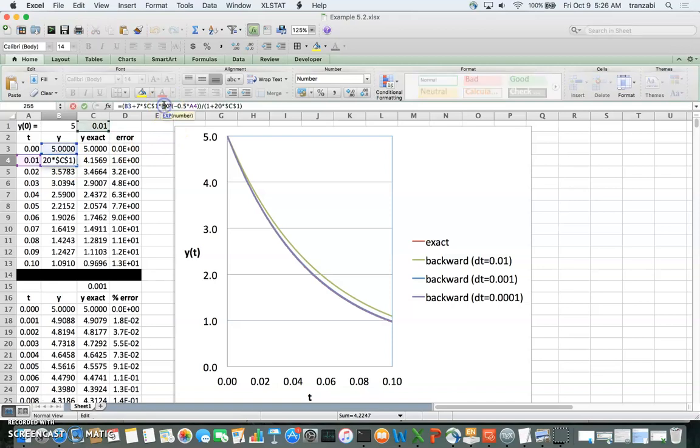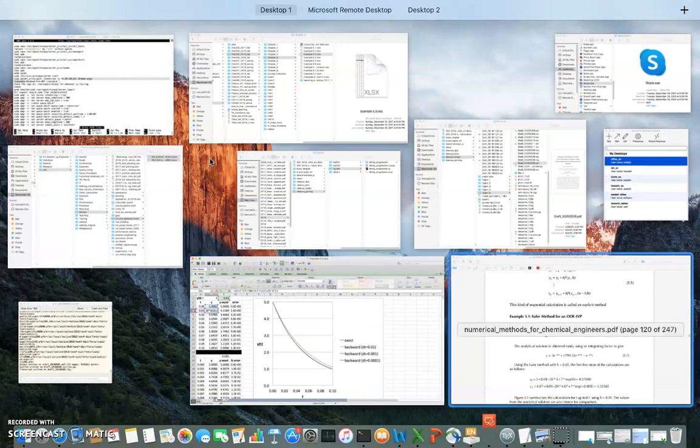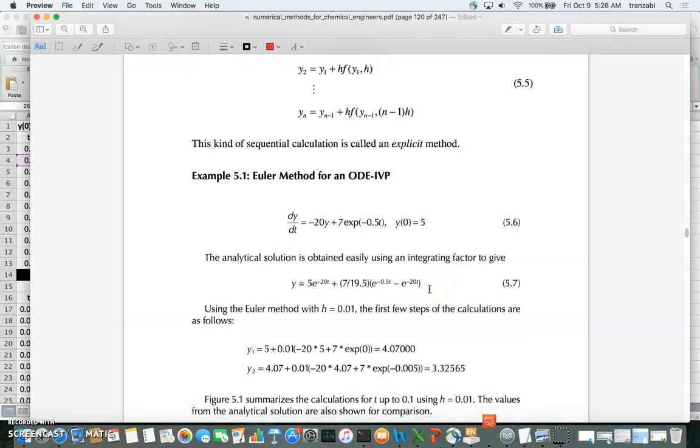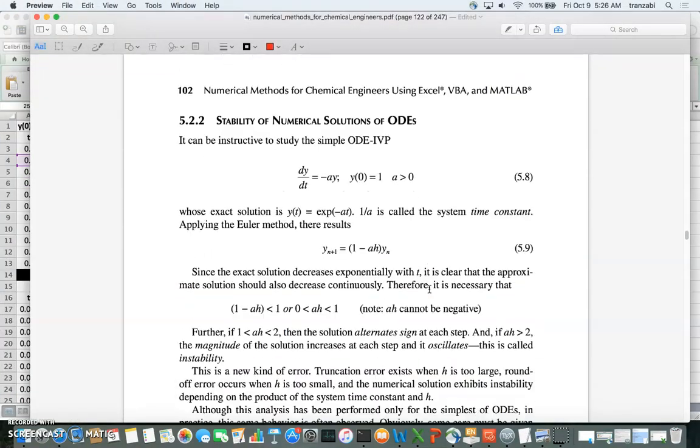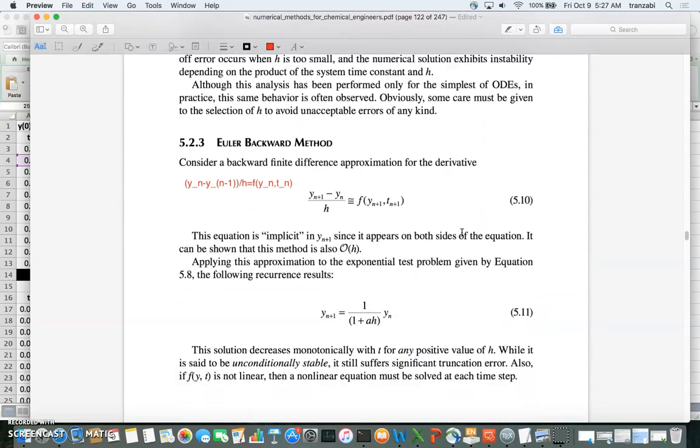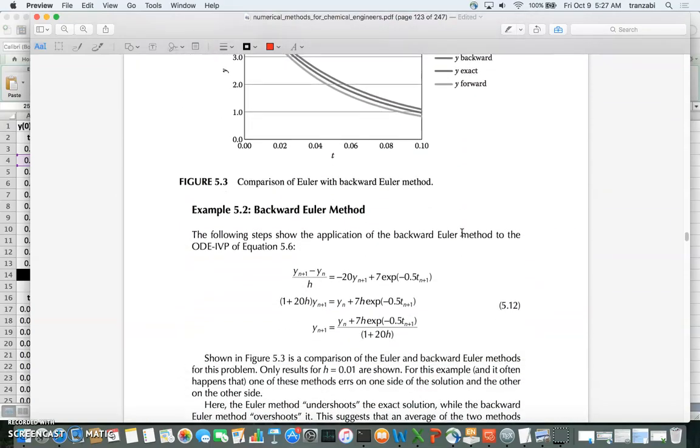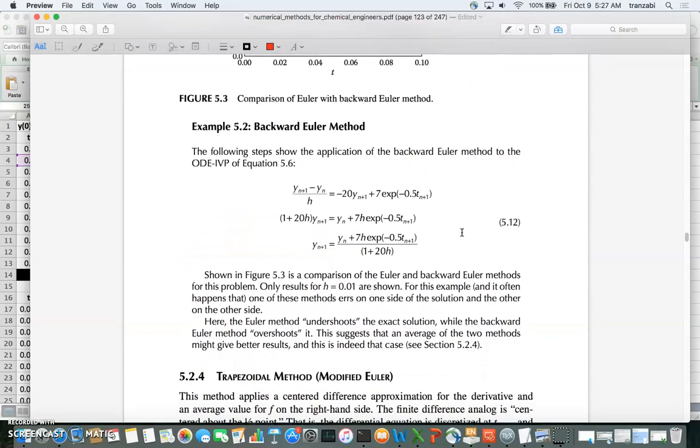So let's look at this. This is equal to the previous y value, which is the blue cell, and right here. Let's look at the exact way we did it. In backward Euler, we solved it this way.